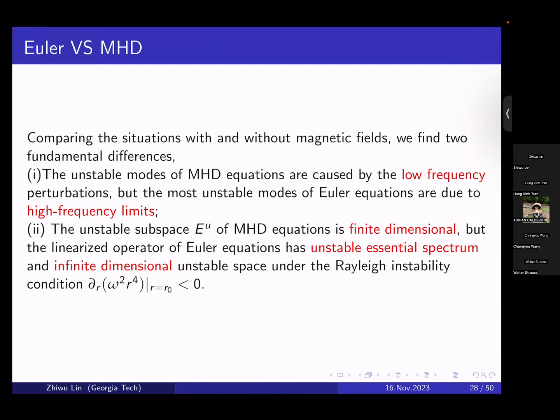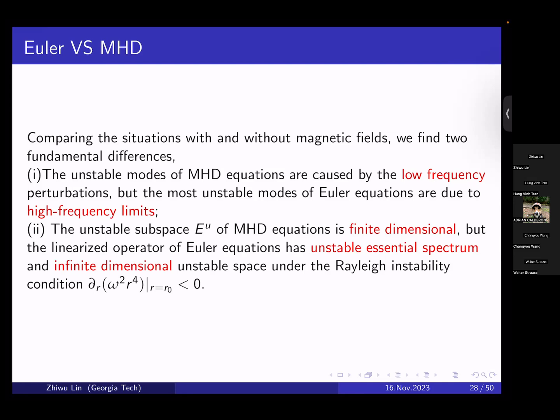But if you compare with the Euler equation for the rotating flow, satisfying the 3D Euler equation, we can see the most unstable eigenvalue is obtained at the high frequency limit. In other words, if you want to get the most unstable mode, your frequency has to go to infinity. The instability occurs if the Rayleigh condition is not satisfied.